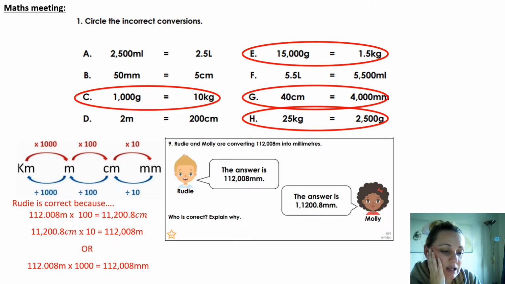It should be 15 kilograms. 5.5 litres is the same as 5,500 millilitres. 40 centimetres is actually the same as 400 millimetres, and 25 kilograms would be the same as 25,000 grams. Okay, so those are the 4 that are incorrect.